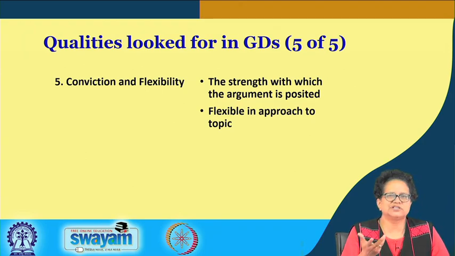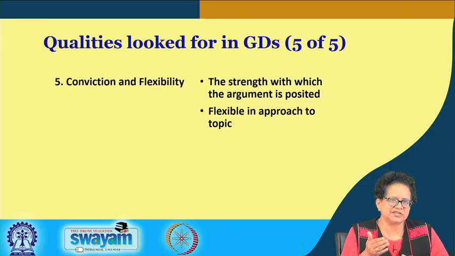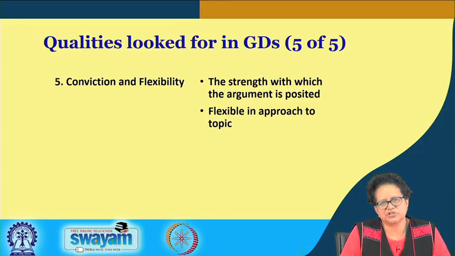So, how is this reflected during the group discussion of 10 to 15 minutes? The first is the strength with which you present your arguments, and secondly, how flexible you are in approaching the topic.